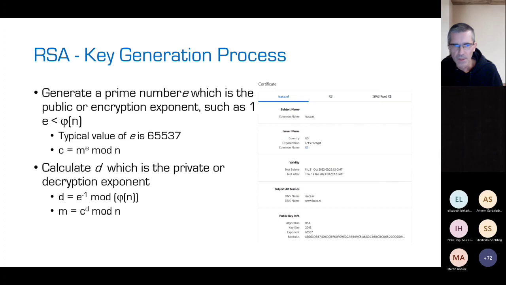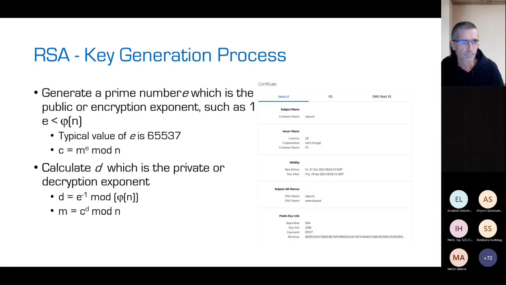The exponent is the value which was on the left side. This is my E, my encryption component. And the modulus starting with 88DD is my product of the two prime numbers, which are of course unknown because the prime numbers need to be protected or destroyed after calculating the modulus.